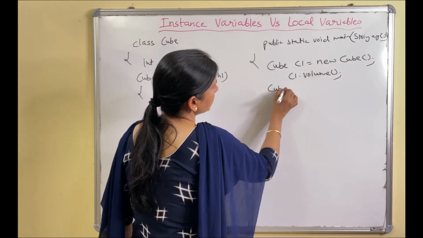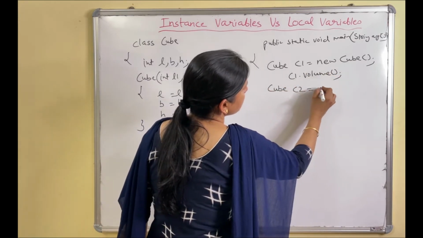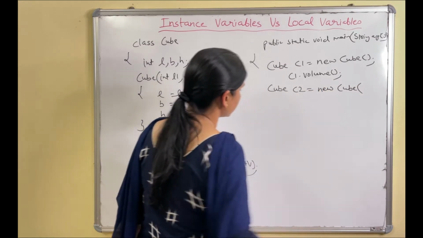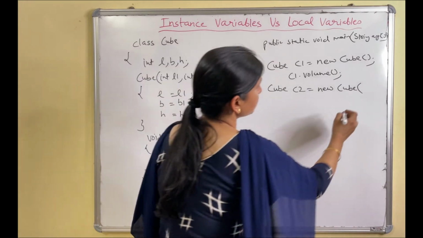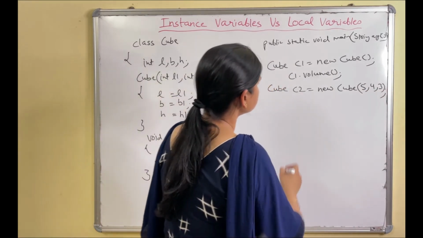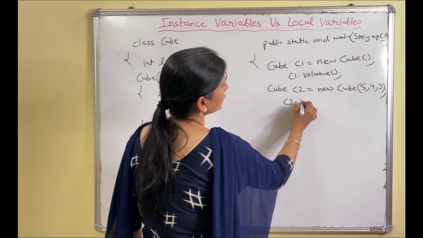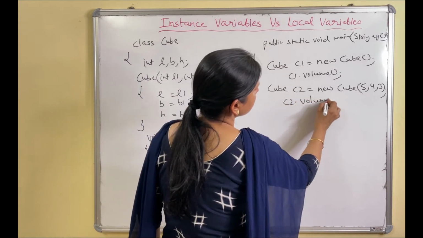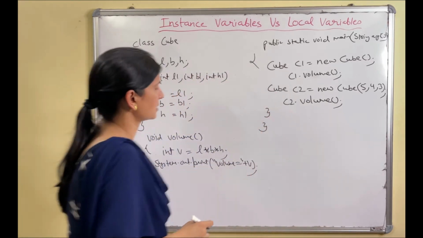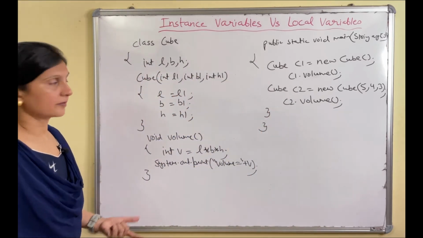Again I am creating a second object, c2 equals to new cube, and in this we will pass 3 parameters, 5, 4, 3, and then again I will invoke the method volume. Fine. Main close, class close. So this is a program, right?